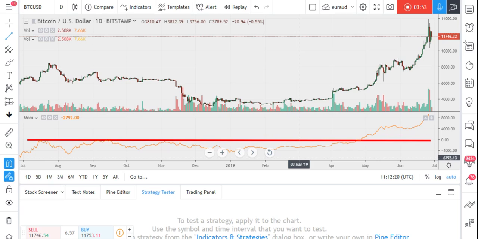Because I can tell you that, differently from other pairs, it's easier to find a trend, an underlying trend. Same topic for Bitcoin. Bitcoin doesn't trade in a range, doesn't move in a range.